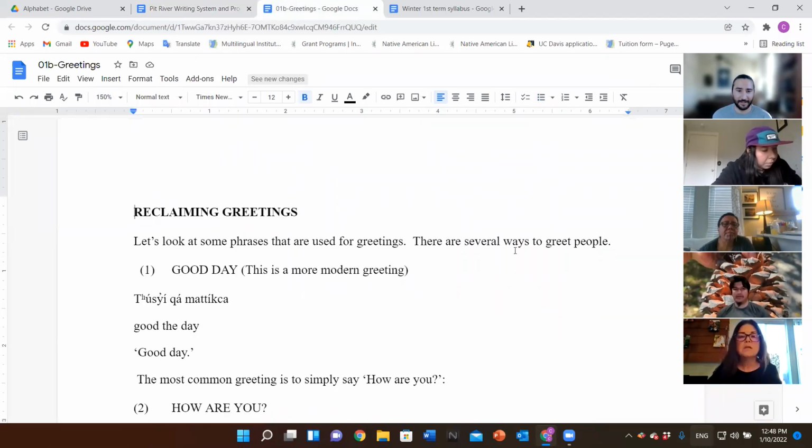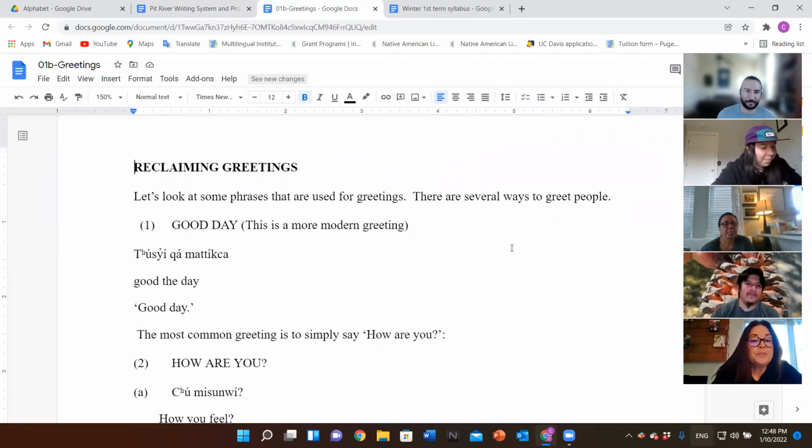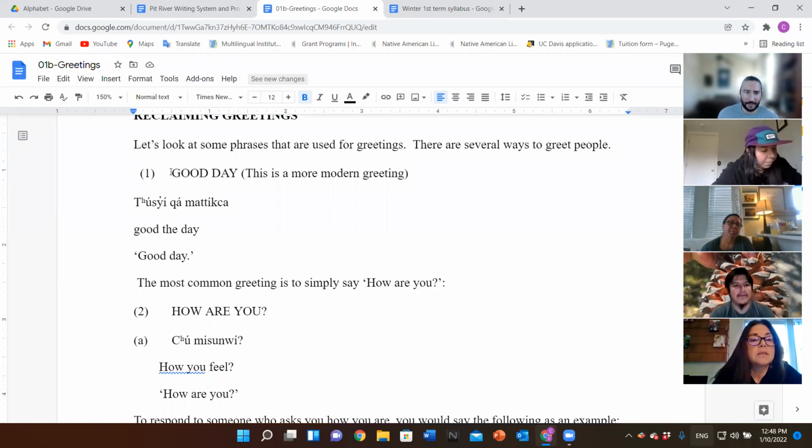Now we're going to have a little Pit River conversation to finish things off. We're just going to go over some greetings. To say good day or good morning, you would say tusi ka madikja. Tusi is good, madikja is day, and ga is the.